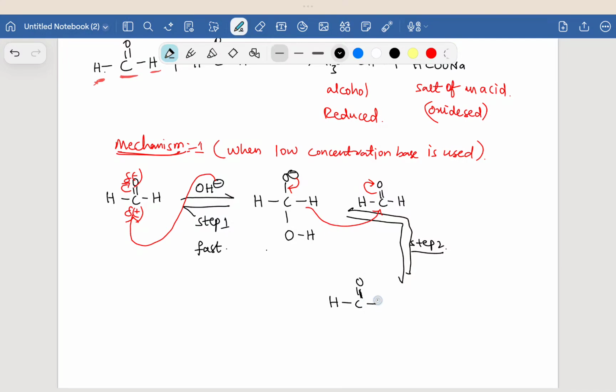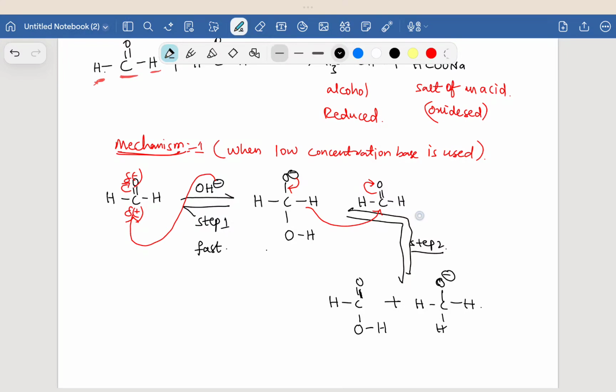So we'll get, here we are losing H, right? Then OH. Then next carbonyl compound, next aldehyde, one H is going to attack here, H. Next O minus, then one more H.